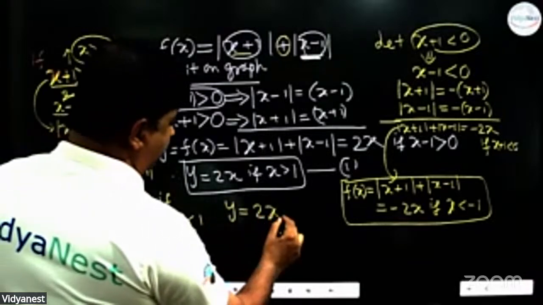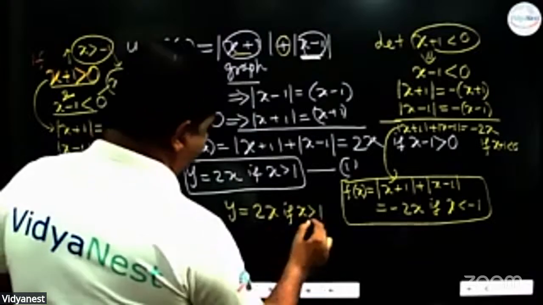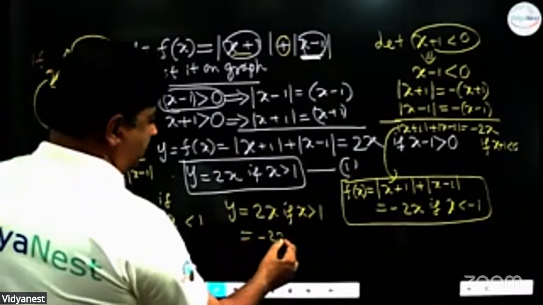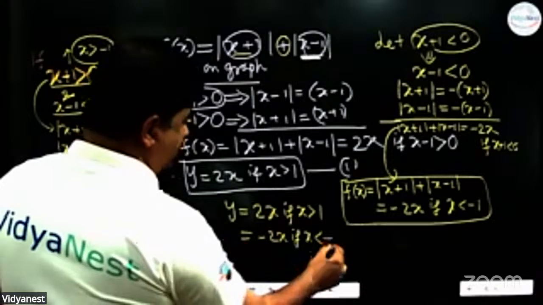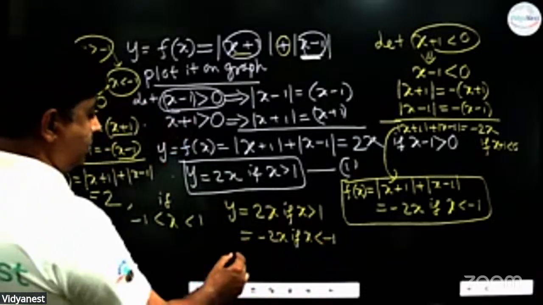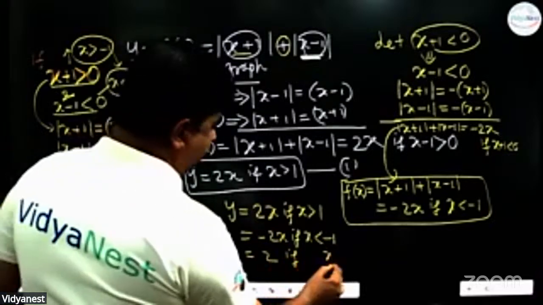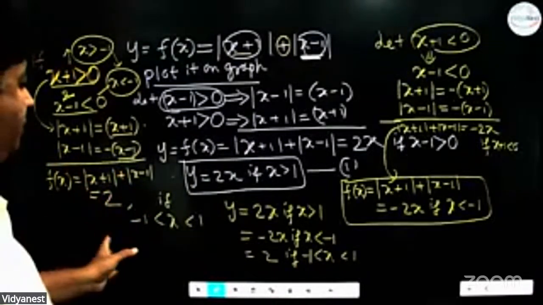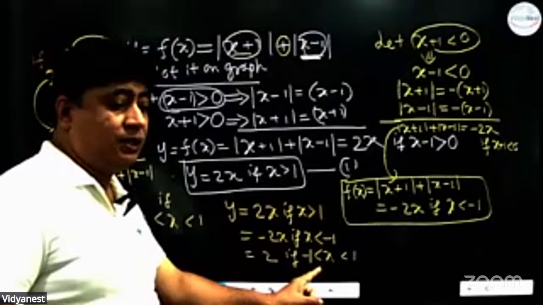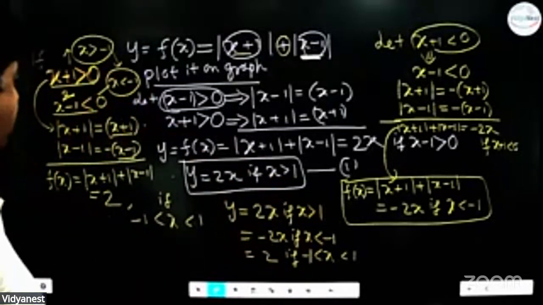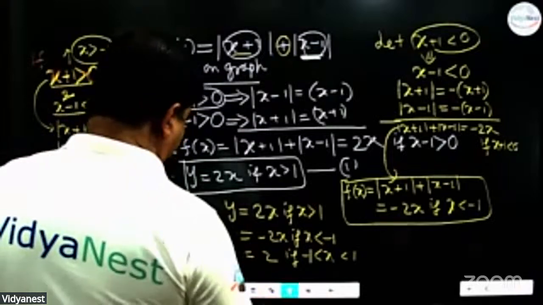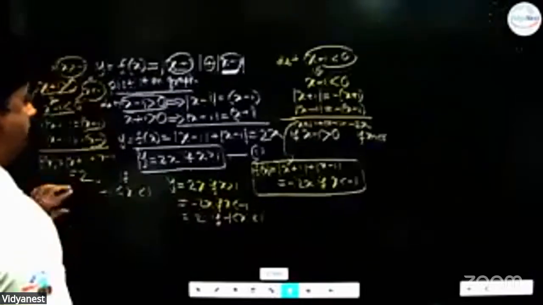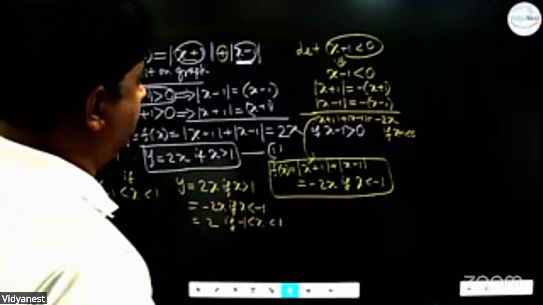So at the end, we have got 3 results. y is equal to f(x): if x is greater than 1, y is equal to 2x. If x is less than minus 1, y is equal to minus 2x. And y is equal to 2 if x lies between 1 and minus 1. Now, we will plot the graph according to the conditions we have derived here. How to plot the graph?